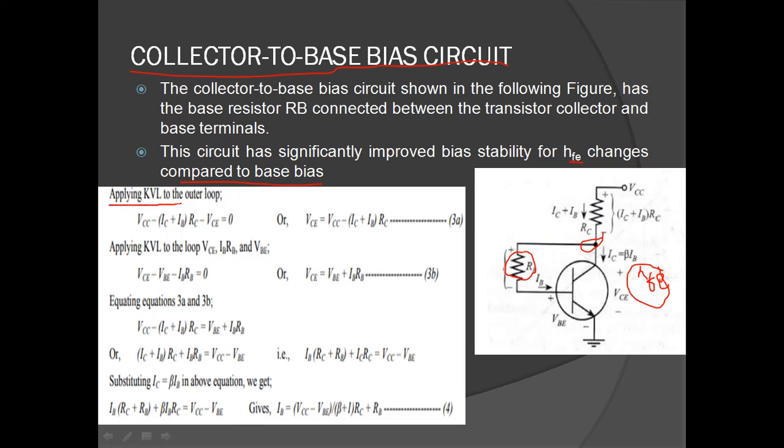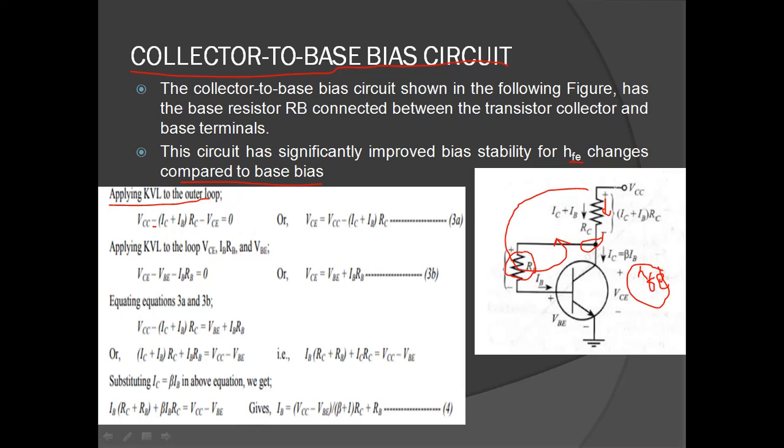When you apply the KVL to this outer loop, VCC minus, look at the direction, it is going from positive to negative, so we are taking it as minus.